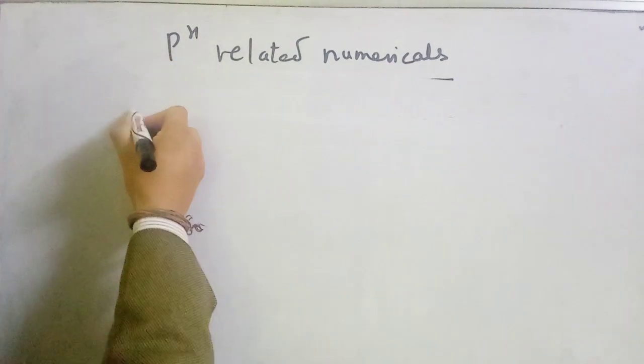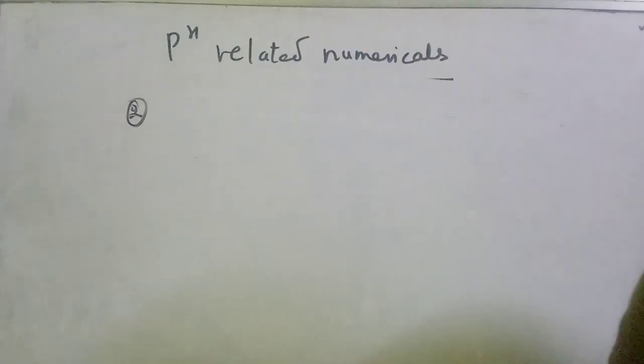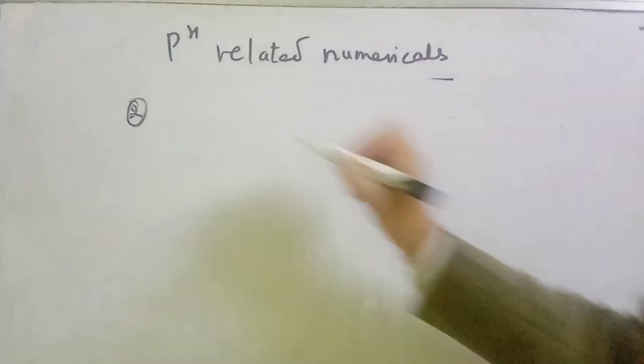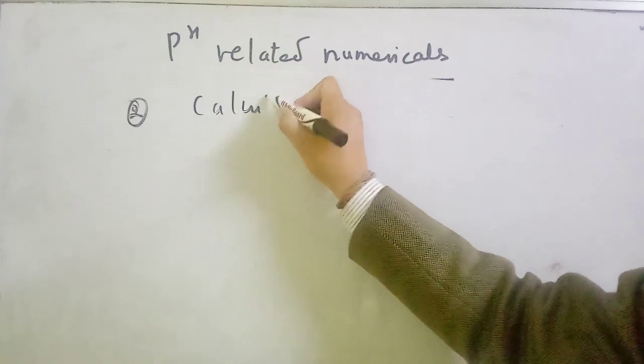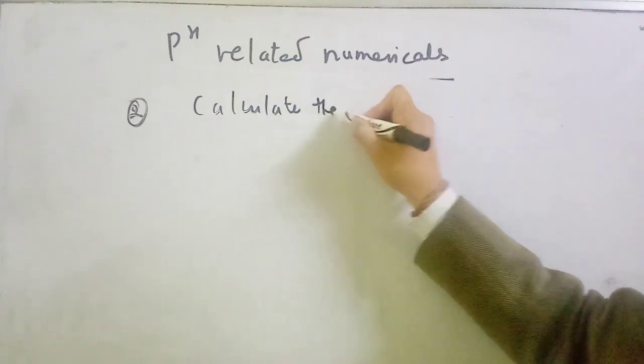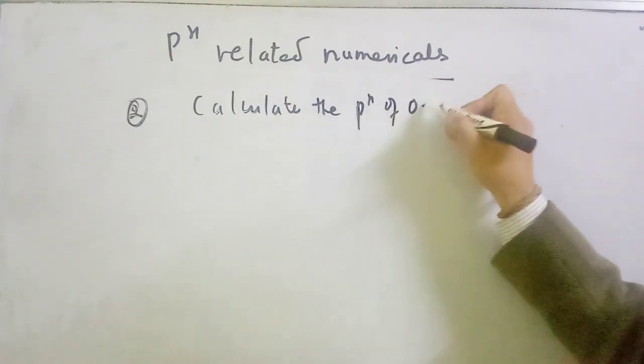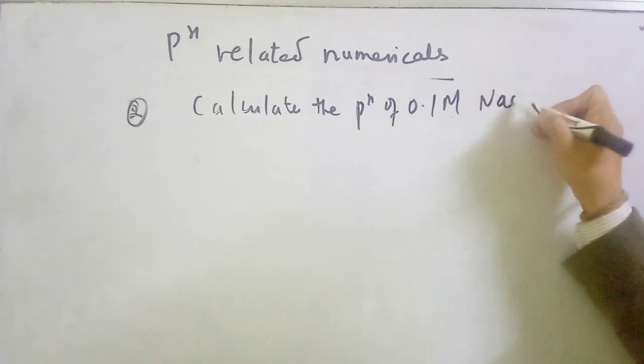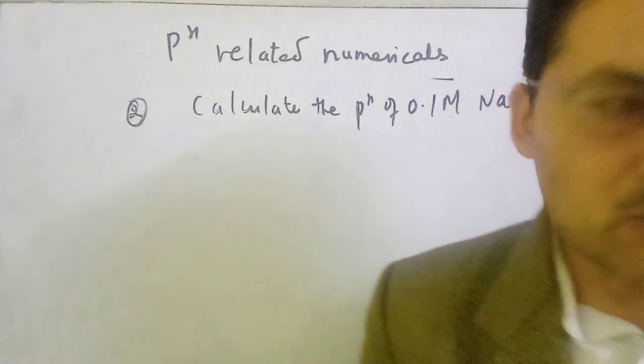Now in number 2, let us see number 2. Okay, in number 2 you have the problem: calculate the pH of 0.1 molar NaOH. So you know NaOH is an alkali or base.